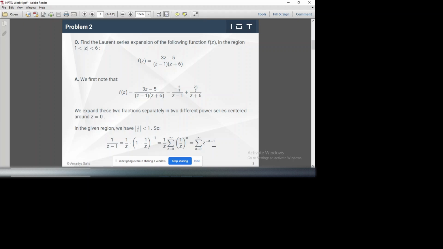So one thing is that it may seem like we are getting a negative power of z. So you may naively conclude that we are only getting negative powers of z. There is no positive power in this series. This is visible, but we have to keep in mind that we are expanding as a function of 1 by z.